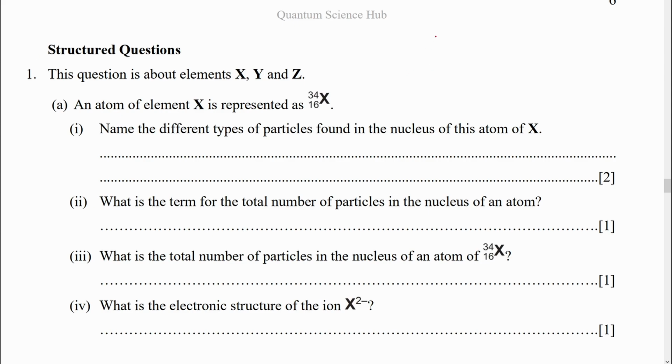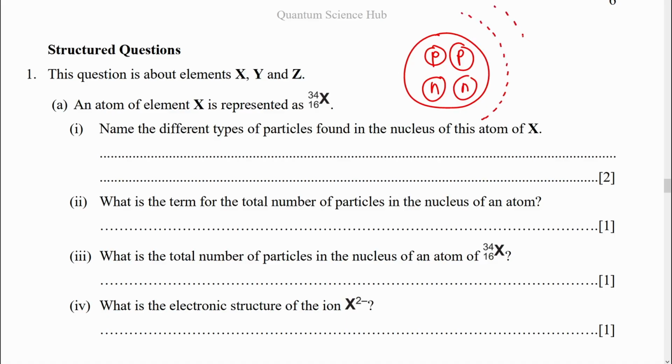So if you still remember the structure of atom, in the nucleus it contains protons and neutrons, while the electron is orbiting here at the electron cells. So this is the electron in here.